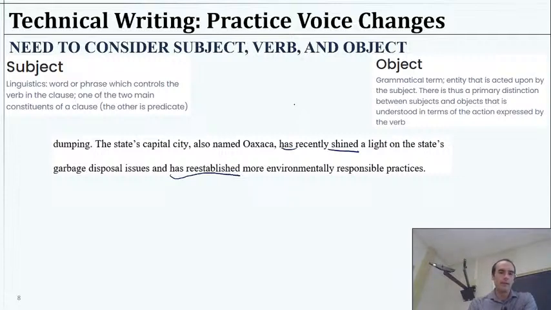The city shined a light, right? We could structure it, maybe that's shown a light, I think. City shone a light on the disposal issues and established, maybe reestablished.